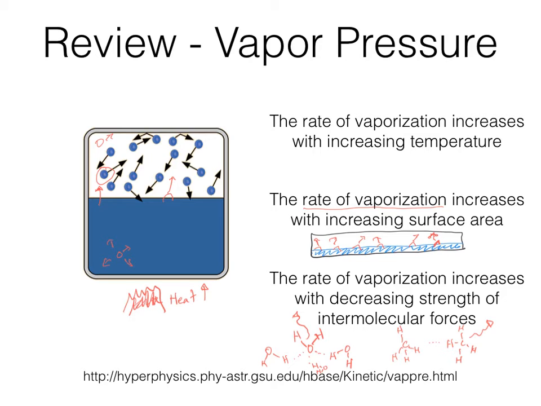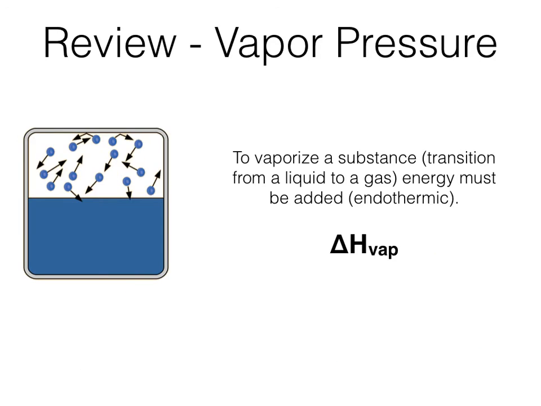And so the weaker the intermolecular forces, the higher the rate of vaporization. The other thing to know is that to vaporize a substance, to go from liquid to a gas, energy must be added. It's an endothermic process, and the amount of energy is given by the enthalpy of vaporization term.